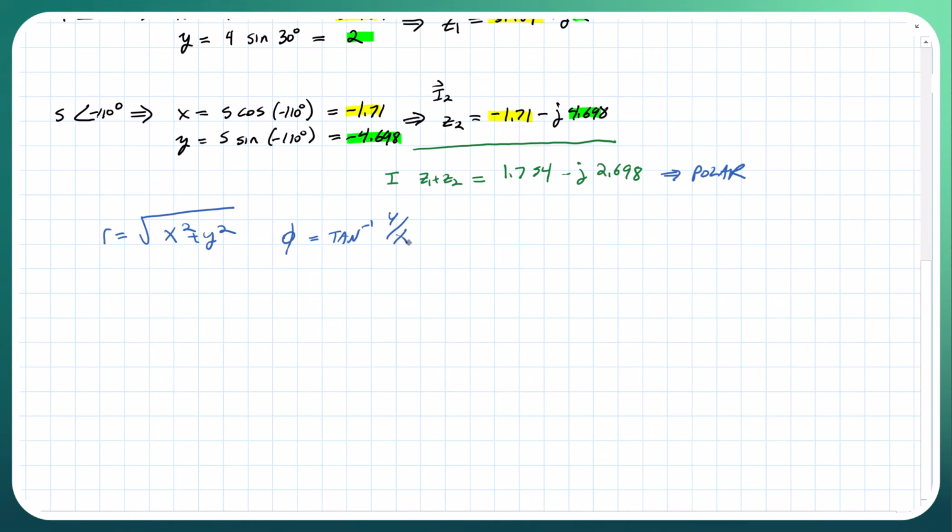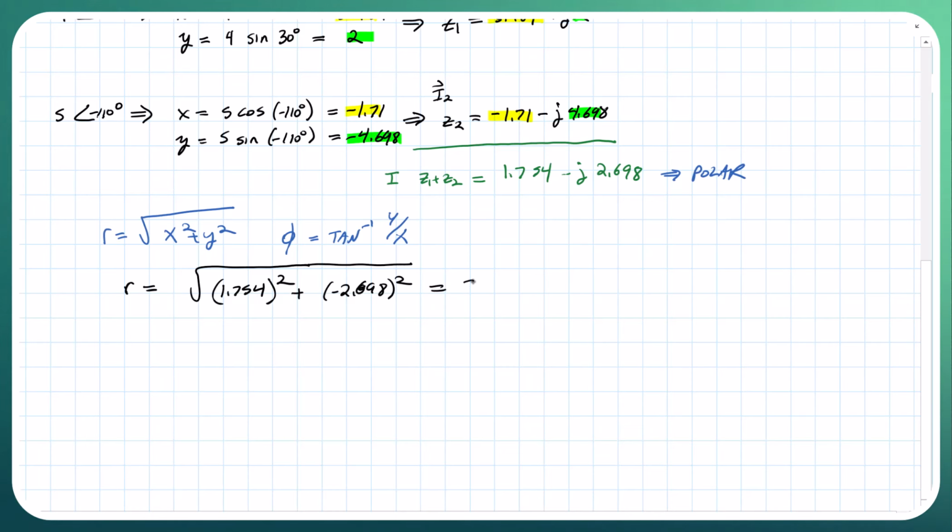Okay, that's what I'm going to do to convert, and let's go ahead and write that down. So we got r equals the square root of 1.754 squared plus minus 2.698 squared, all that under the square root.